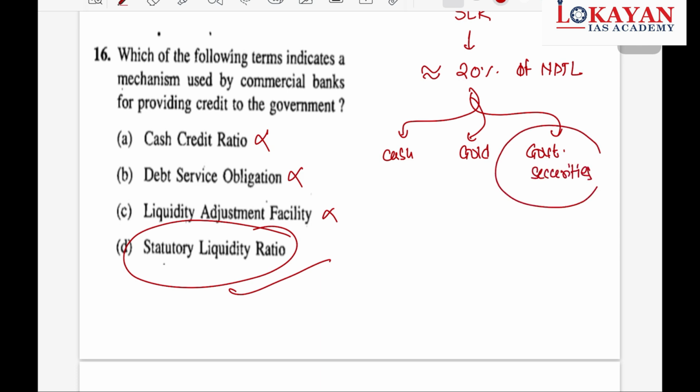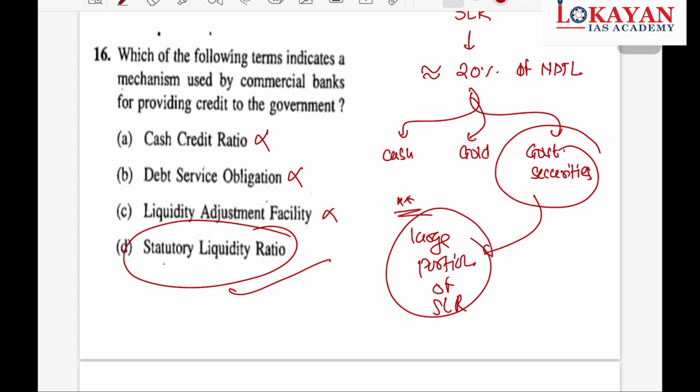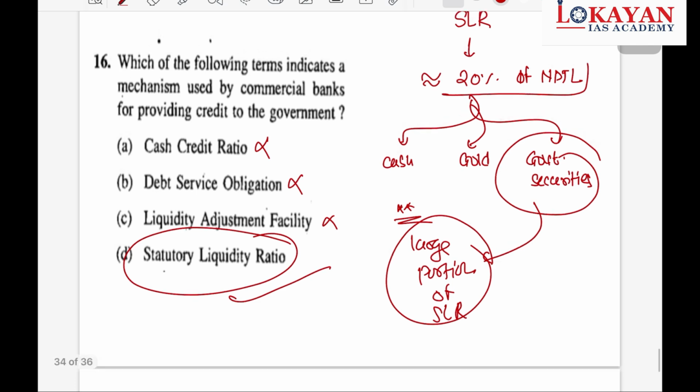Government securities form a large portion of SLR. By purchasing these government securities, they fulfil their obligation of maintaining 20% of NDTL with themselves, but they are also providing loans to the government. So the answer is D, that is, statutory liquidity ratio.